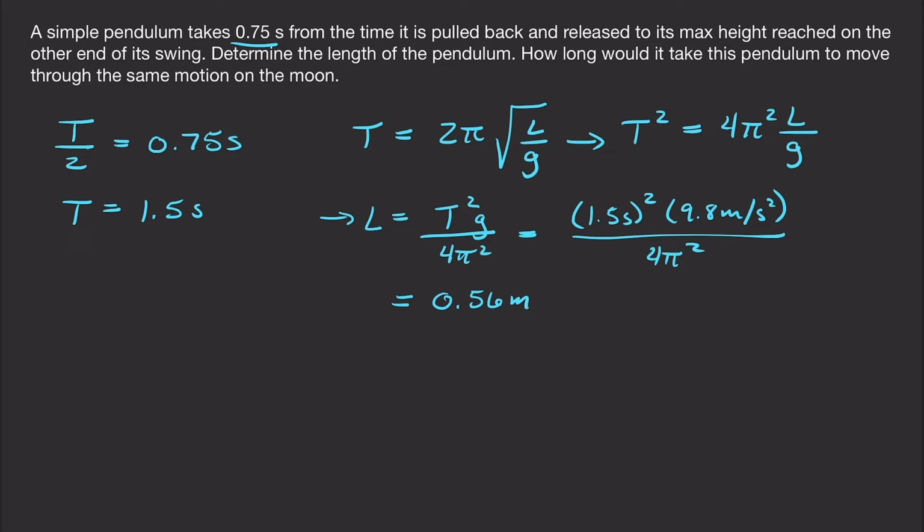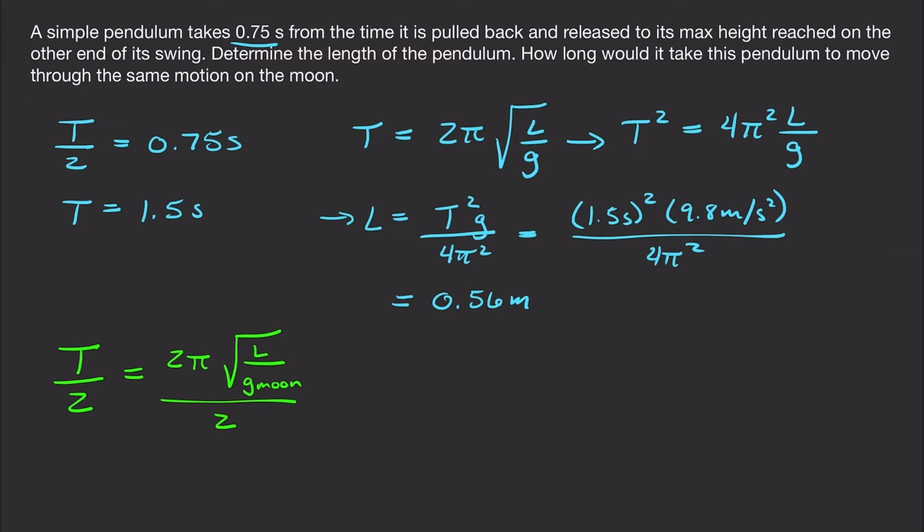Now, if we want the time it takes on the moon, we want it to go through the same motion, so we want half of the period on the moon. Okay, so we need to take our formula for the period, 2 pi times the square root of L over g, where L is going to stay the same even on the moon, but now we need to use the gravitational acceleration of the moon. But this is just the equation for the period.